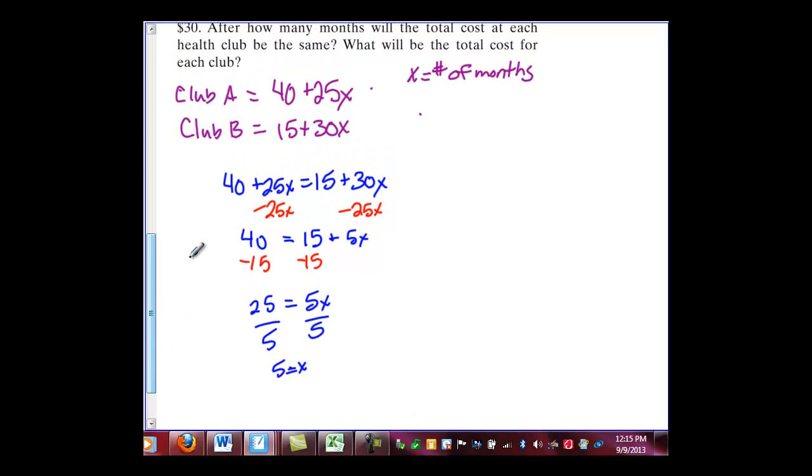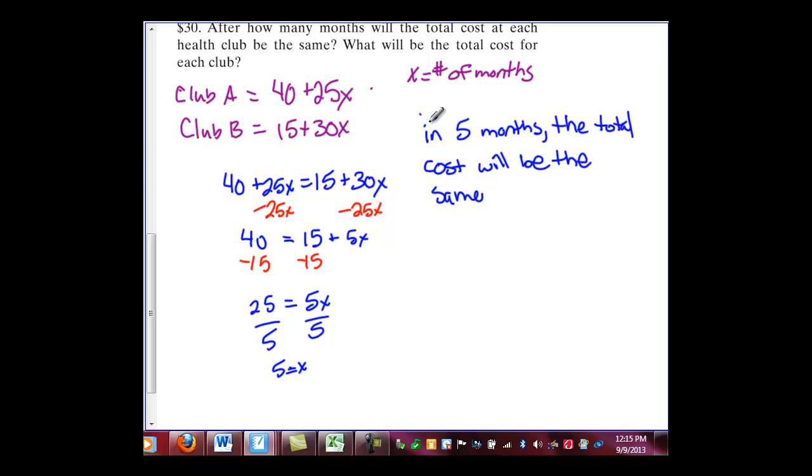Or, for the first part, in 5 months, the total cost will be the same.